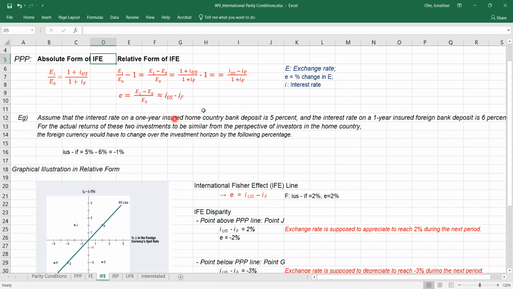Yeah. Assume the interest rate on a 1-year insured home country bank deposit is 5%, and the interest rate on a 1-year insured foreign bank deposit is 6%. For the actual returns of these two investments to be similar from the perspective of investors in the home country, the foreign currency would have to change over the investment horizon by the following percentage. Okay. All right.